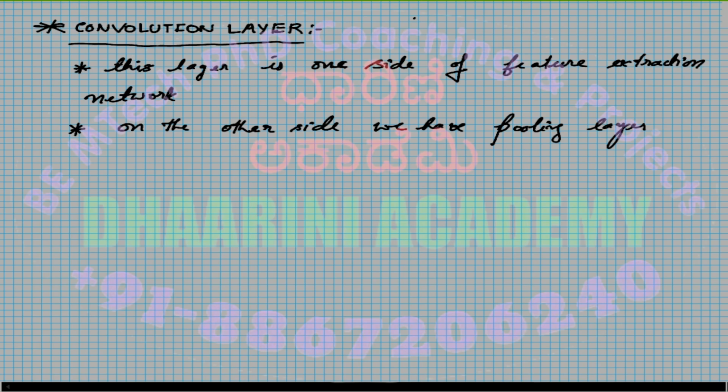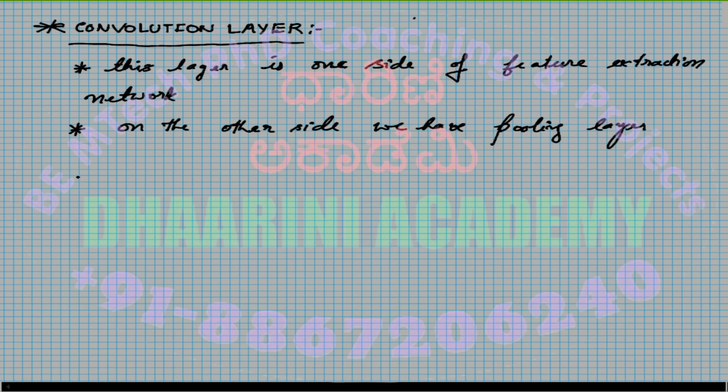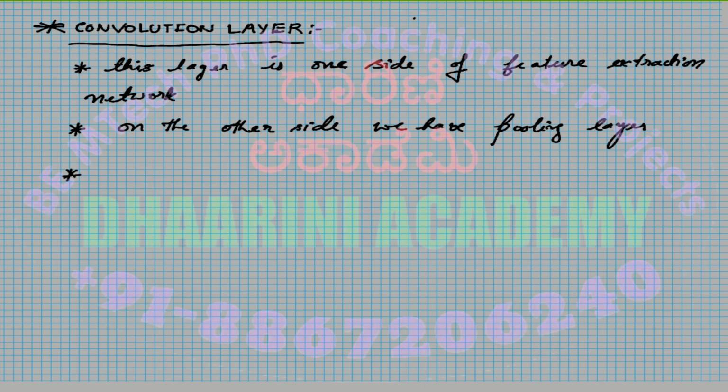We'll see the pooling layer later. Let's look at the convolution layer first. As we know, what is the work of this particular layer? The convolutional layer basically generates some new images from the given image. The new images are called the feature maps.